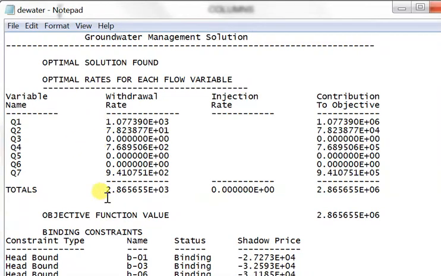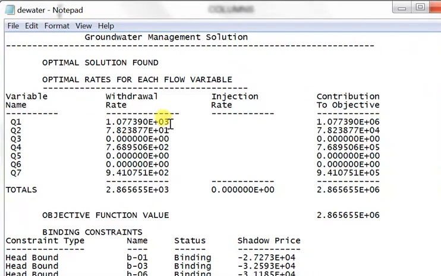Total withdrawal is shown, and in this case, since the objective coefficients are 1, all the objective terms are of the same increment. You'll notice that the contribution to the objective is a factor of 3 larger than the withdrawal rate.